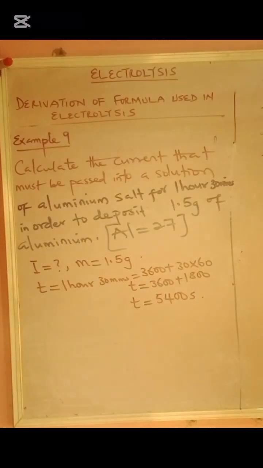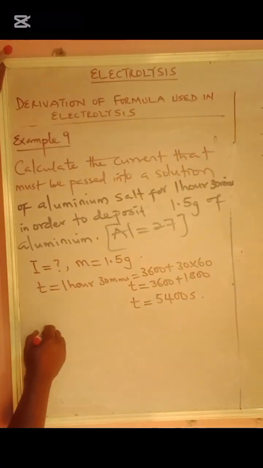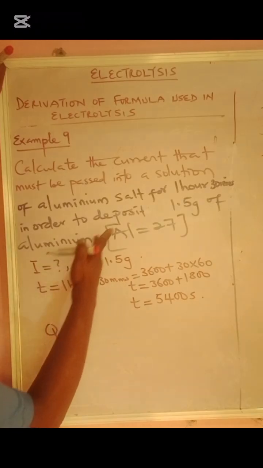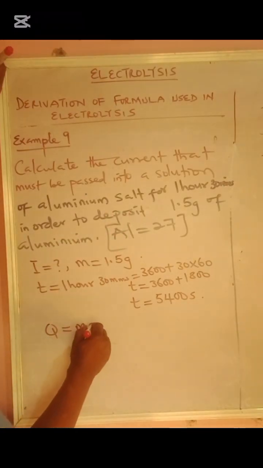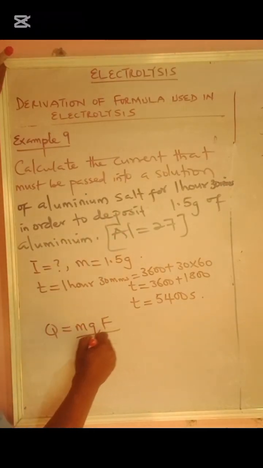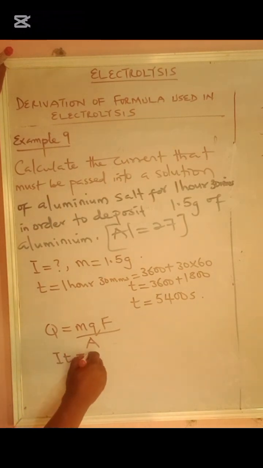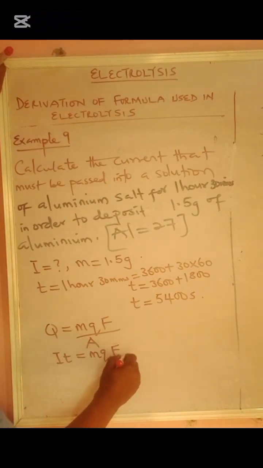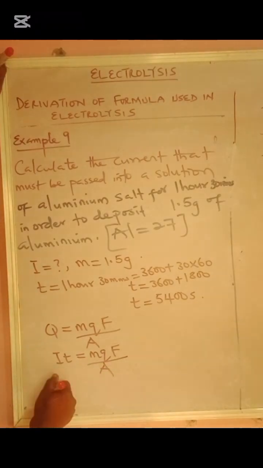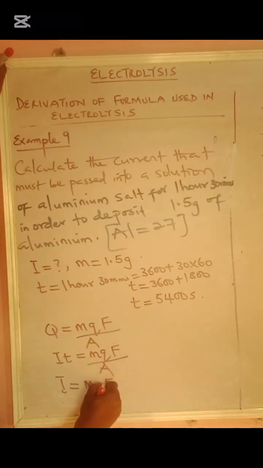Take note of that. So from the formula, Q is equal to, in terms of mass, MQF all over A, and Q is IT, so IT is equal to MQF all over A. By making I the subject of the formula, I is equal to MQF, everything all over AT.